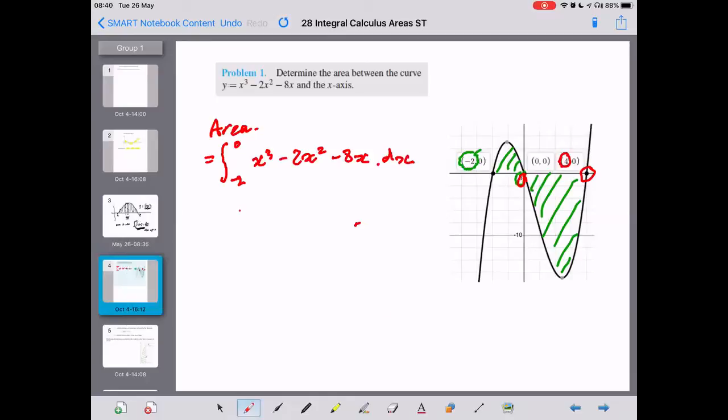We need to subtract from that the integral between upper bound is 4, lower bound is 0, of x cubed minus 2x squared dx. So we've got two separate definite integrals to solve there.